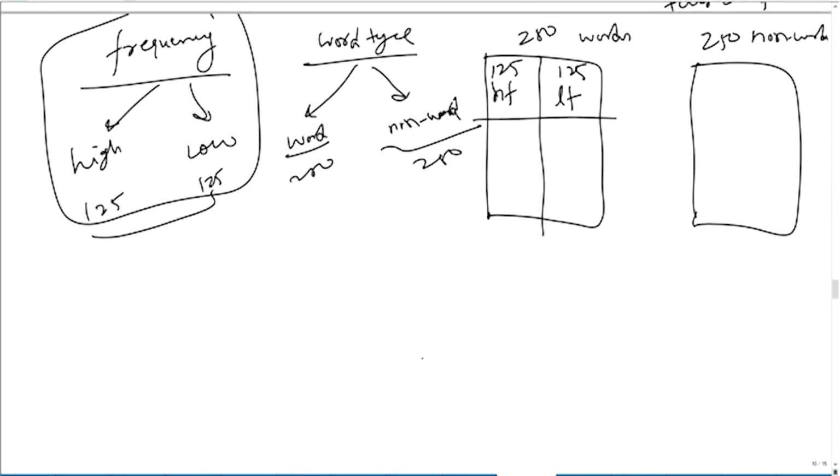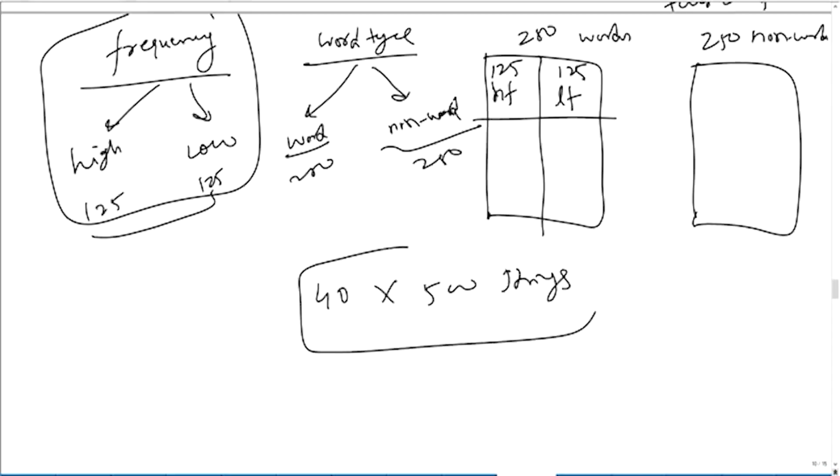Now suppose when you do this experiment, you recruit a total of, let's say, 40 participants. Each participant will read 250 plus 250, 500 strings. So we will get word recognition times, actually these many observations: 40 times 500. That's a lot, around 20,000 observations.